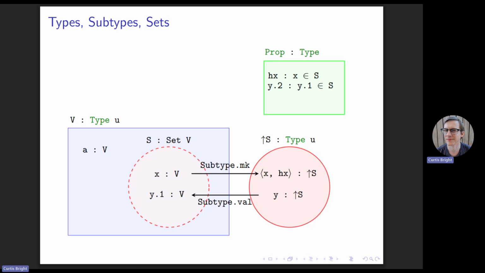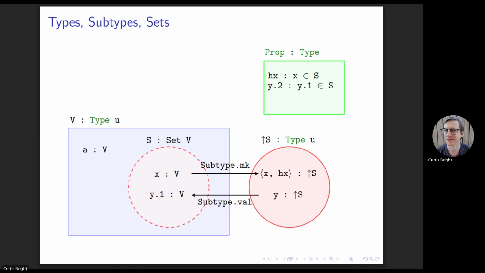This diagram shows the relationship between types, subtypes, and sets, which we have defined in Lean. If we have a type, we'll say V is the name of the type. Oh, let me give some examples first. The syntax that we use for expressing that something is a certain type is term : type.